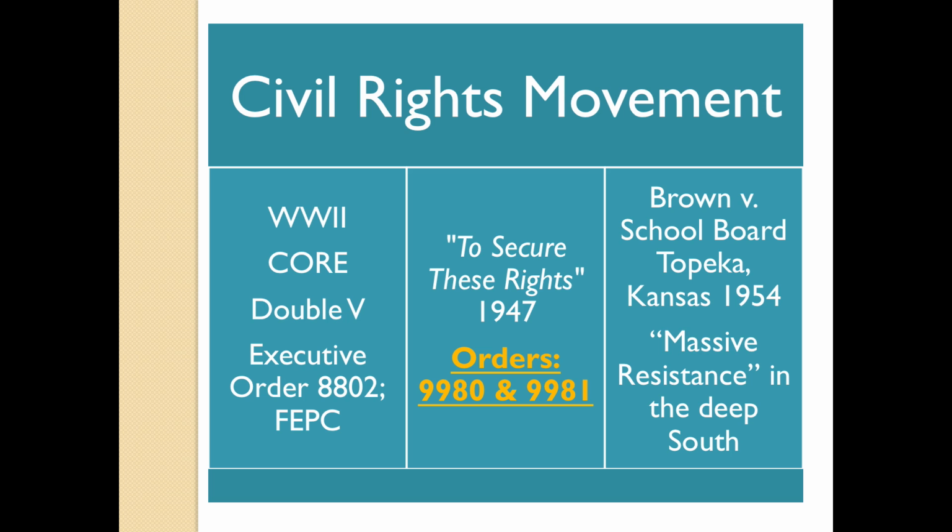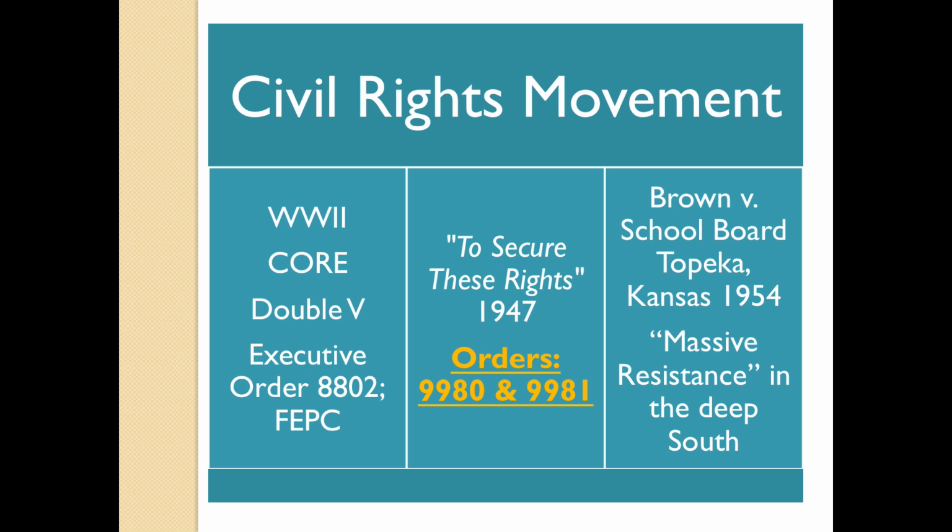Well, after the war, Truman's now president. He's getting ready for the election of 1948, and one of the things he actually becomes concerned with is civil rights. So he commissions Congress to take a look at the matter of civil rights, and a report is filed. It's called To Secure These Rights. This is an official report from Congress that basically states that civil rights in America really is bad.